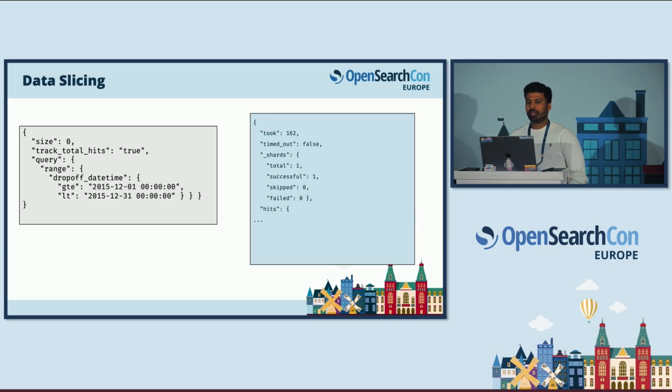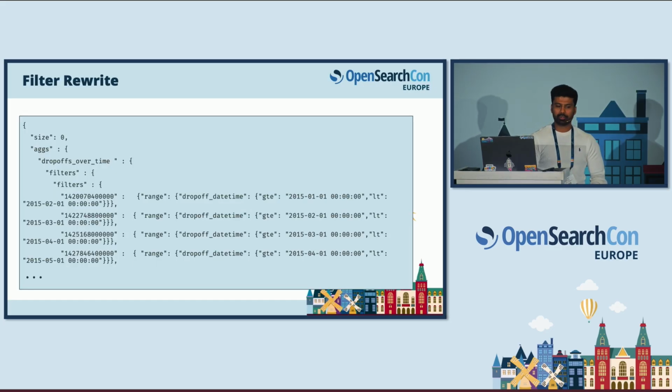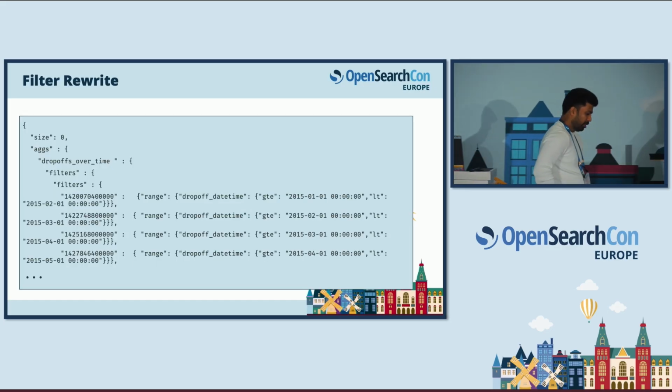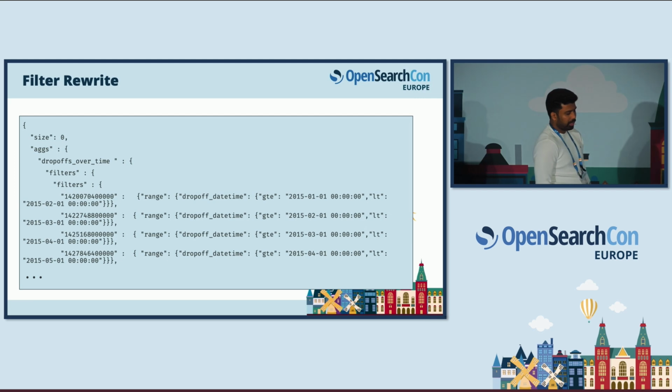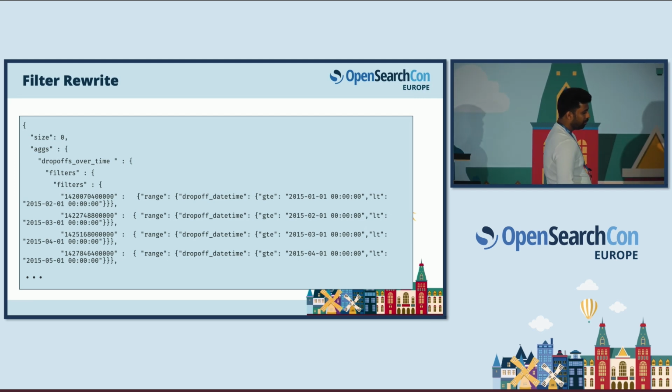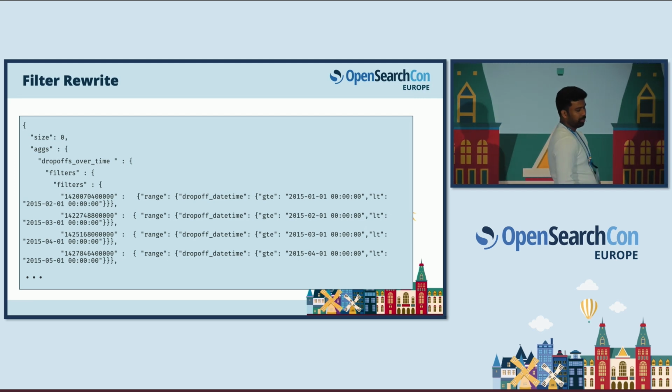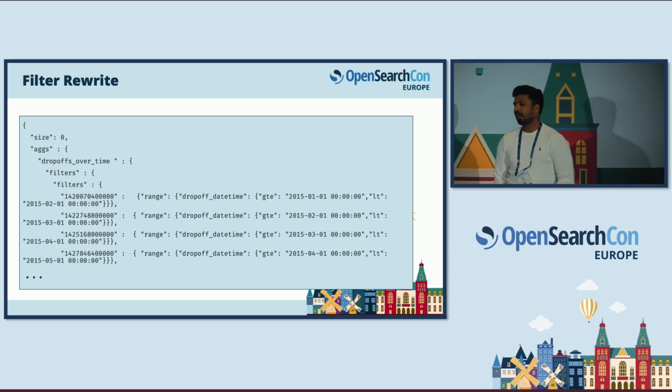So at this point, I was like, oh, yeah, this is something which can work very well. So what we decided is, OK, we can rewrite the yearly aggregation as filter aggregation.